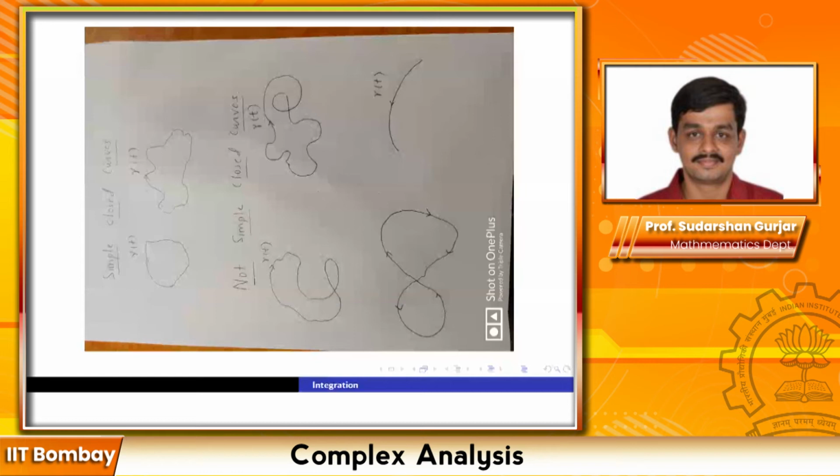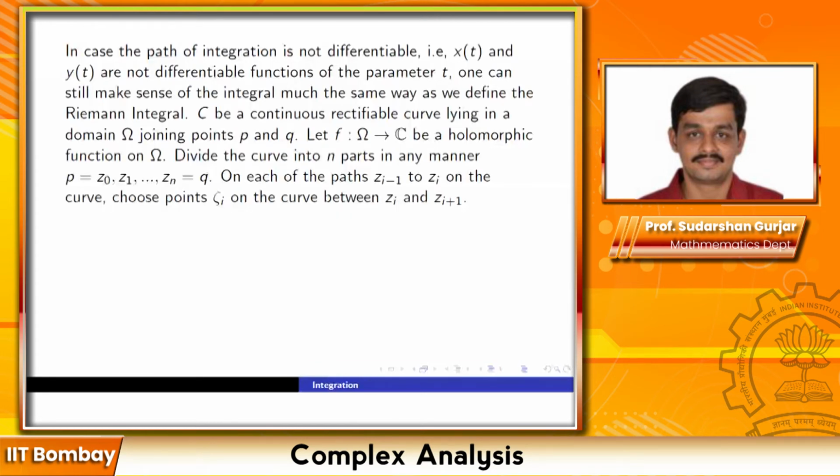So coming back to this slide, suppose C is a continuous rectifiable curve lying in a domain omega joining points P and Q. Let f from omega to C be a holomorphic function on omega.